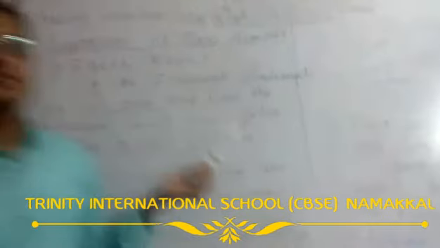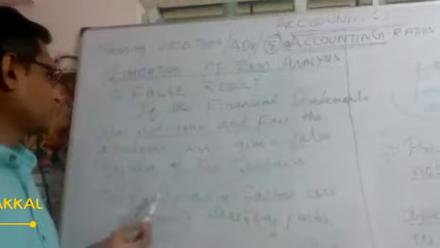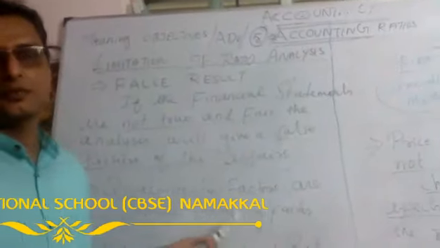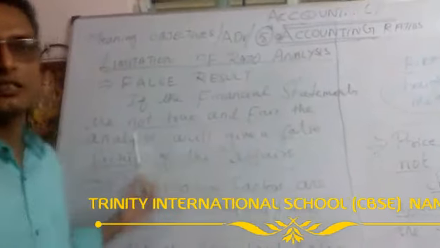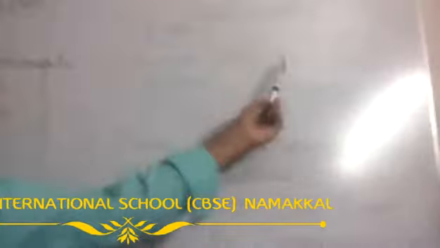So I repeat once again. The result will be a false result if you are not giving true and fair. Similarly, qualitative factors are not displayed here, only the quantity. Then comparability: because of different methods, such as the straight line method, as I showed in the example, or diminishing balance method or written down value, the method will vary for different companies, so comparison is not possible.